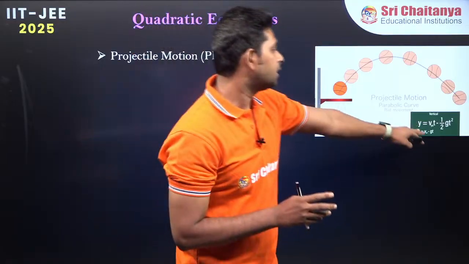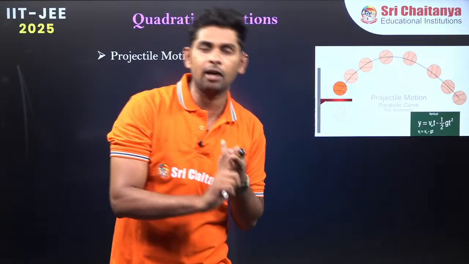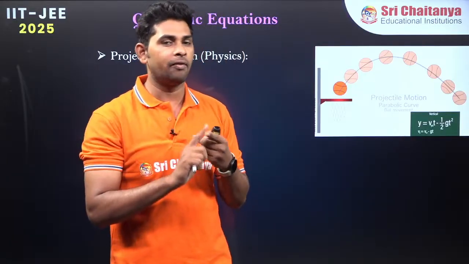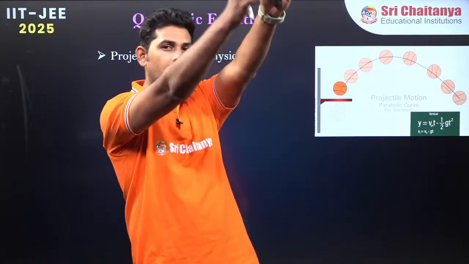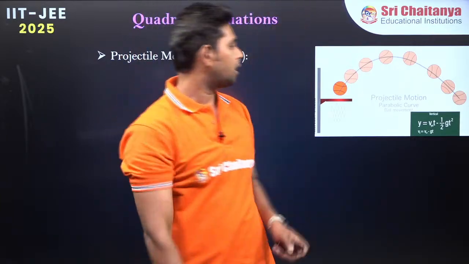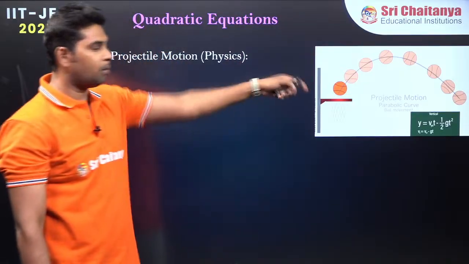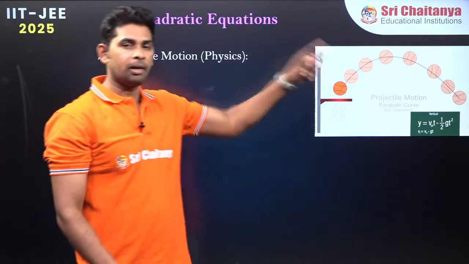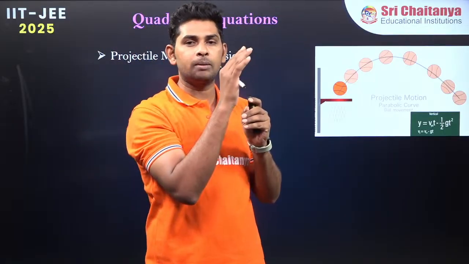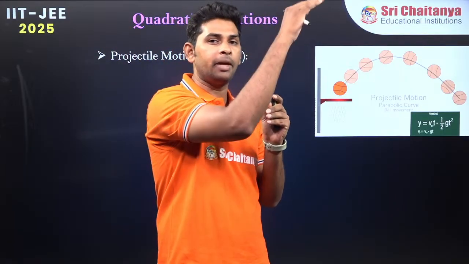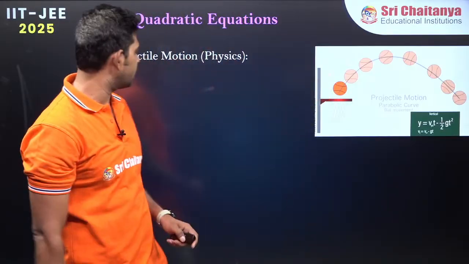There we find the value of t by solving the quadratic equation. So you get the time it takes to reach the maximum height, and how much time it takes to reach the goalpost. All these things we find by using quadratic equations. Not only this, the projectile motion of a satellite into orbit is also a parabolic path, so there also we use quadratic equations.